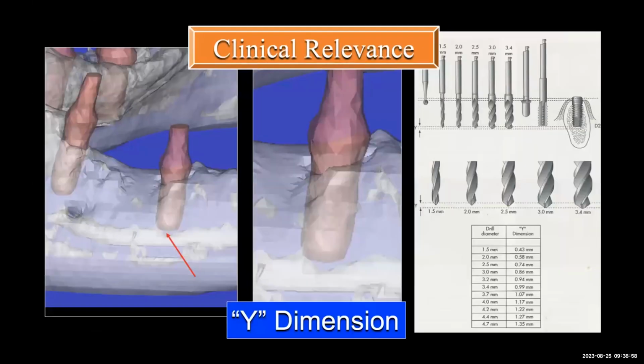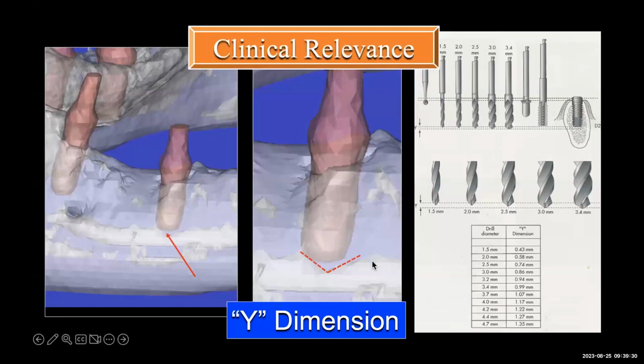A lot of people don't realize there's something called the Y dimension, which means if you're drilling, say for a 10 millimeter implant, the wider the drill, the greater the Y dimension, meaning you're drilling longer than 10 millimeters. So in this particular case, you can see where the implant is short of the canal, but the Y diameter of the actual drill has penetrated into the nerve canal.